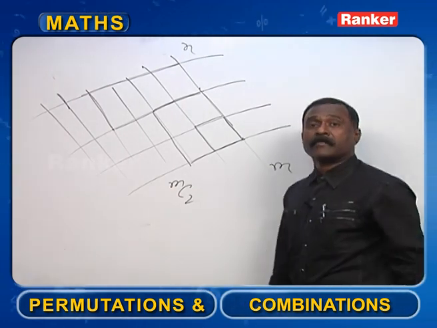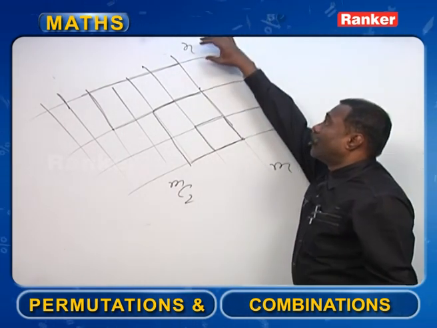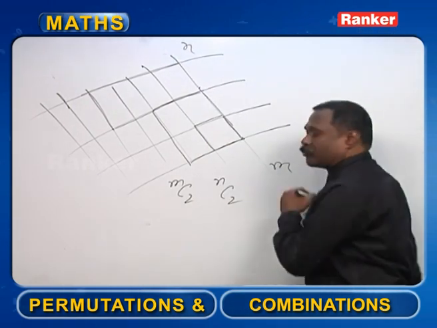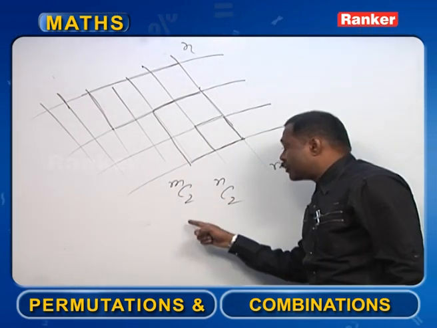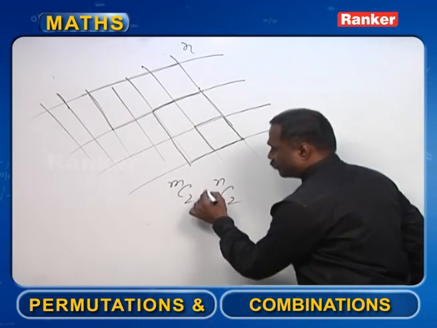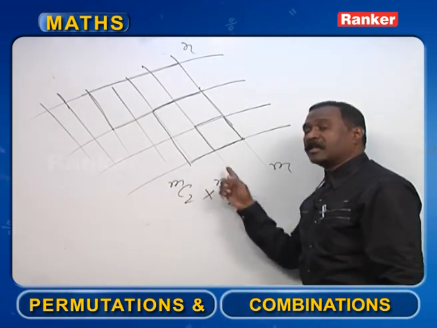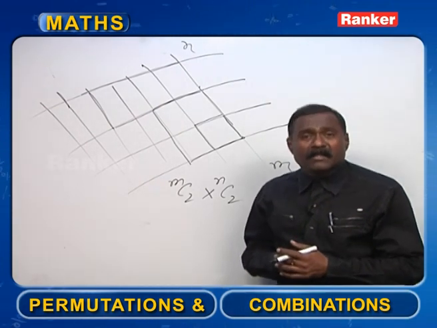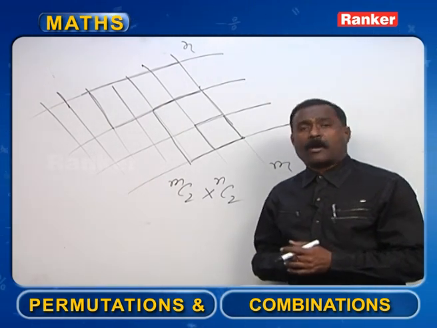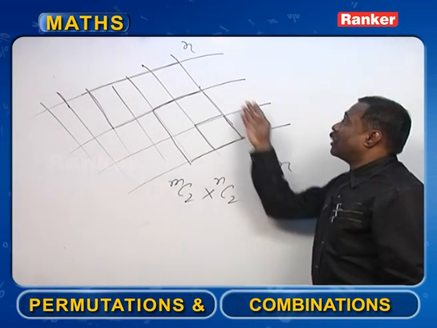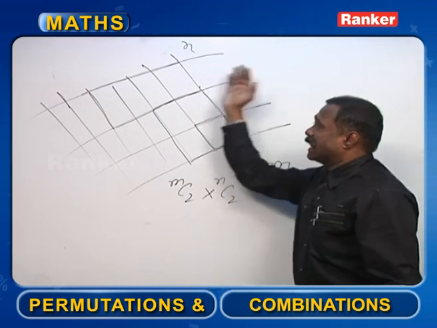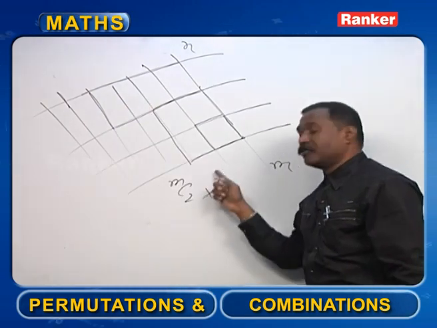MC2 different ways. Second operation of choosing two lines from N can be done in how many different ways? NC2 different ways. So, MC2 into NC2. First operation, second operation. So, the number of parallelograms formed from a set of M parallel lines and from the set of N parallel lines is nothing but MC2 into NC2.